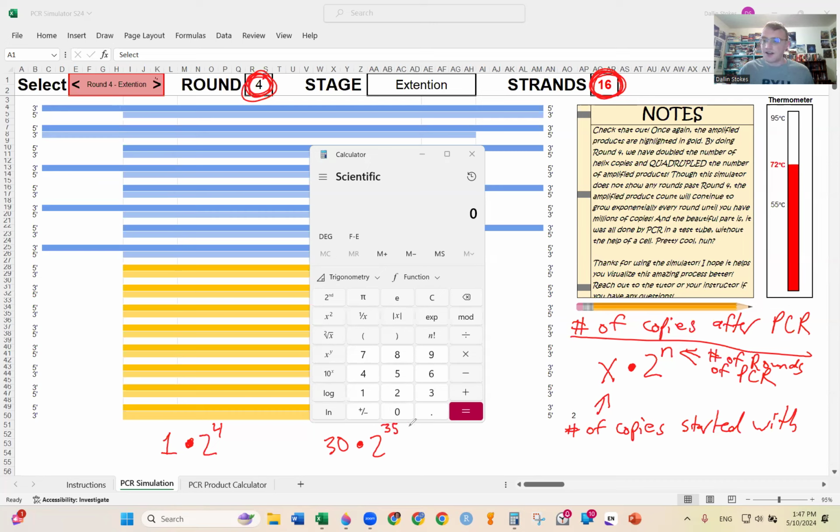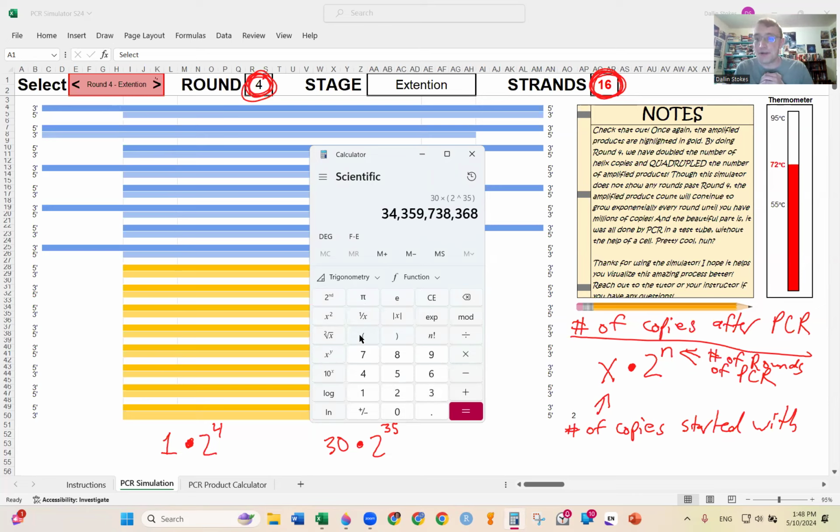So if I were to take 30 copies of my DNA strand and do 35 rounds of PCR on it, I'd come out with 30 times 2 to the power of 35.